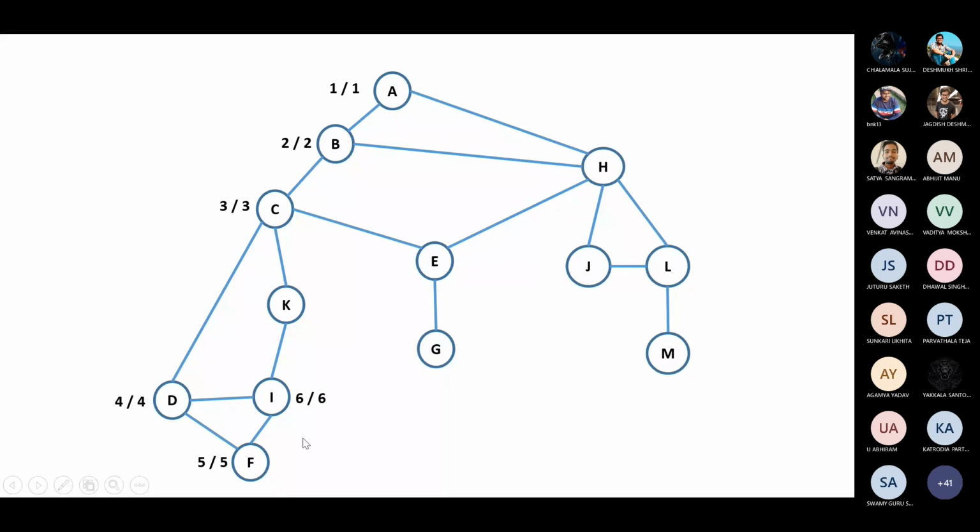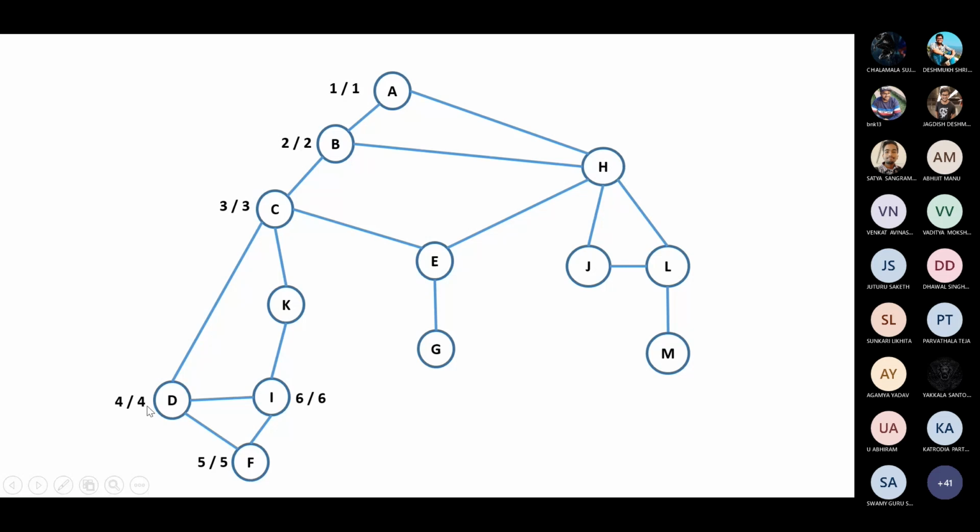So when it finds this back edge, it updates its low value as follows. It is the minimum of its own low value and the discovery value of the vertex where it reaches through the back edge.